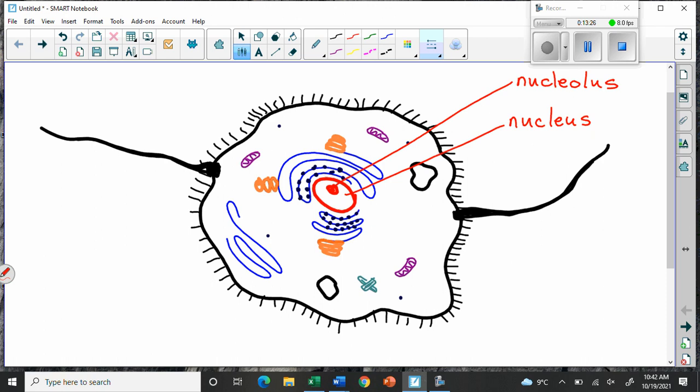Let's take the purple guys, the little purple fellas. Let me draw a line up here, and I'll write the word for them. This is called a mitochondrion. They have a funny way of pluralizing. If you have several of them, we call them mitochondria, or if there's only one, you call it a mitochondrion.